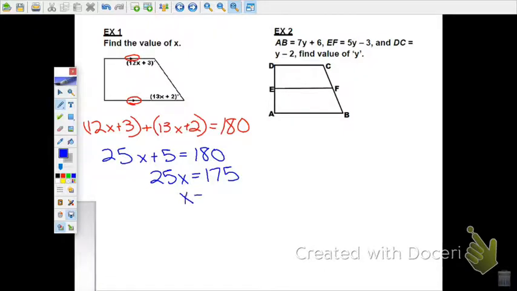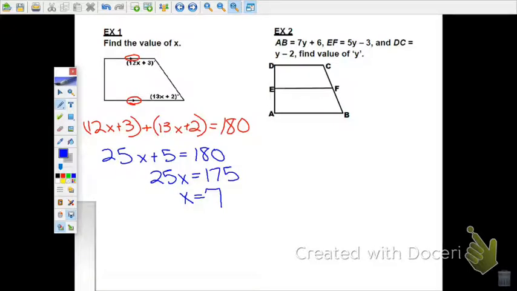I divide by 25 to find that x is equal to 7. So again, knowing that we have parallel lines is key in this unit because we know lots of things from first semester about parallel lines cut by a transversal that we can apply in this unit.